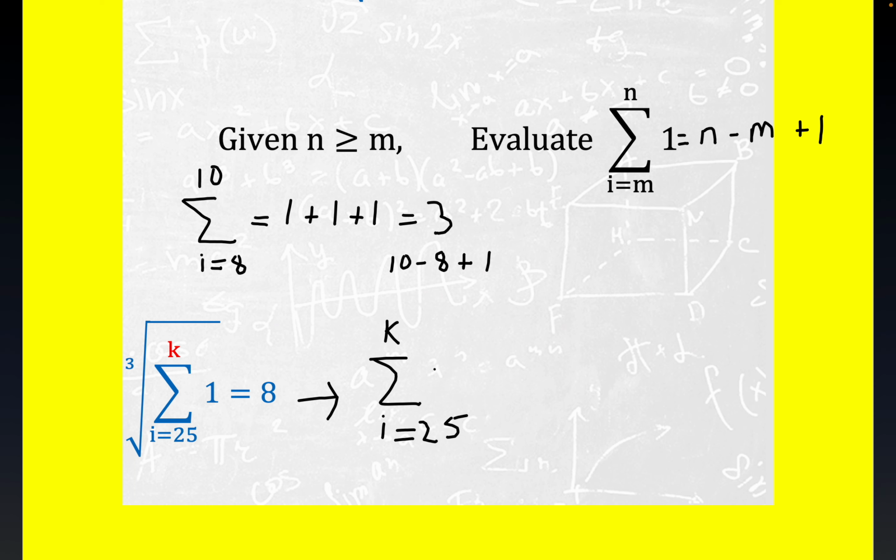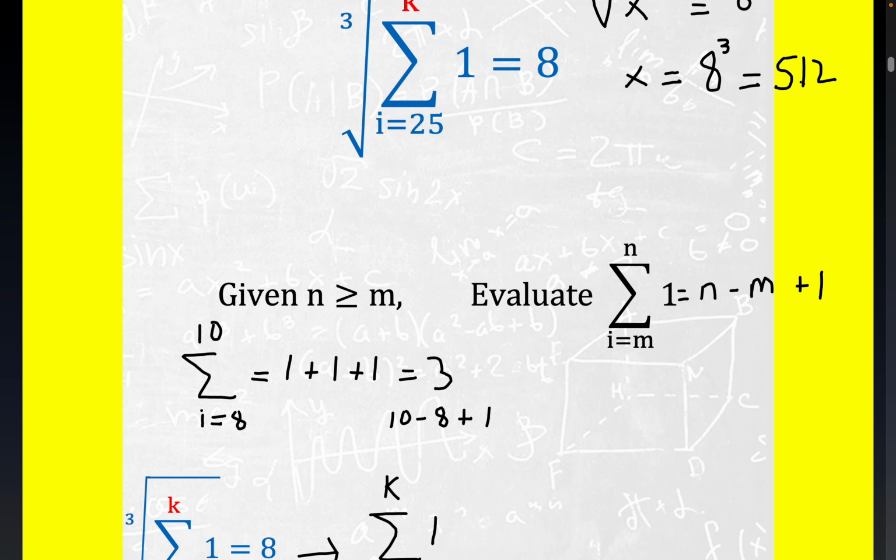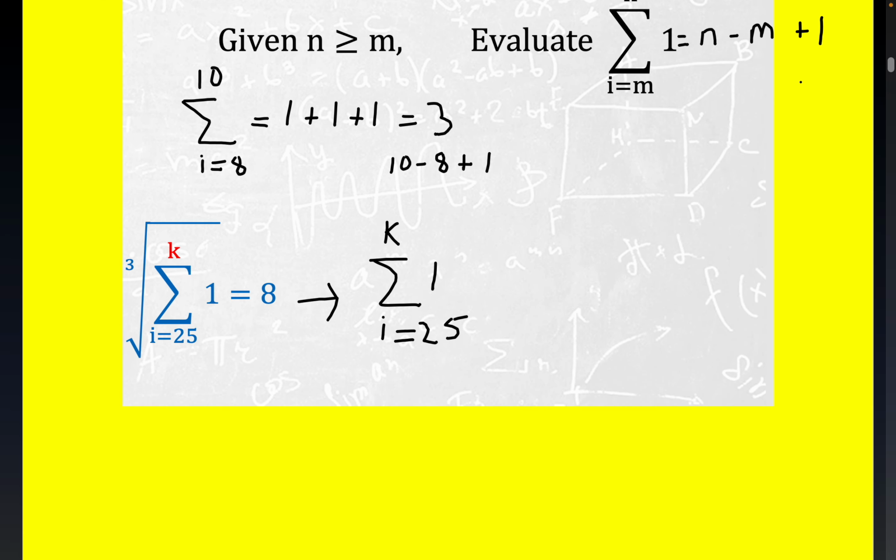We're summing up a bunch of ones. We know that that has to equal the 512 that we got from up here, so we'll write down this is equal to 512.